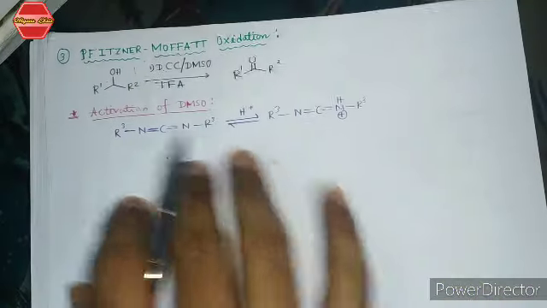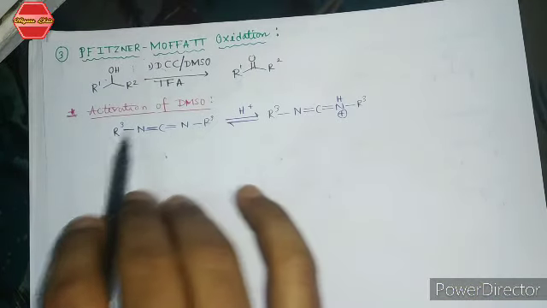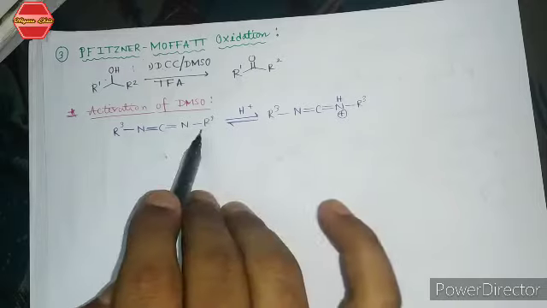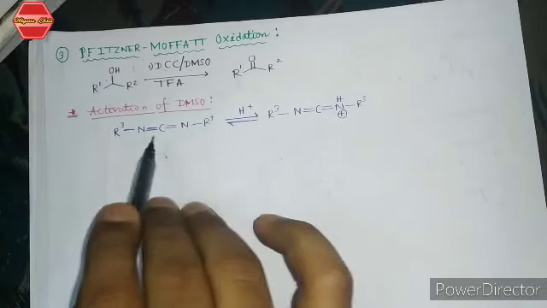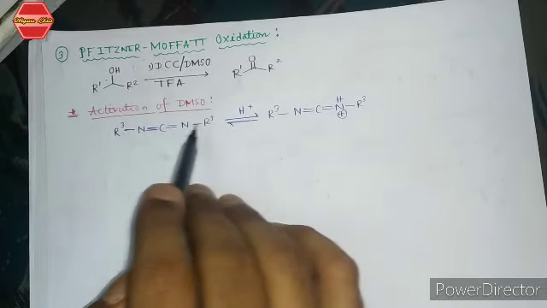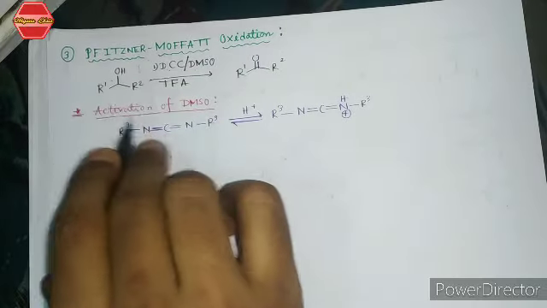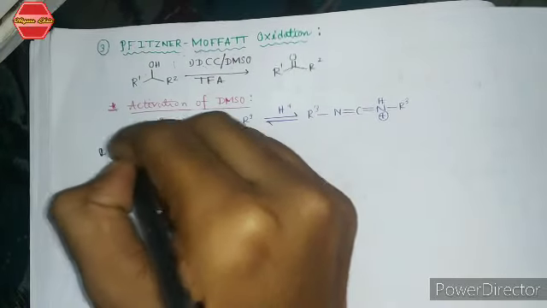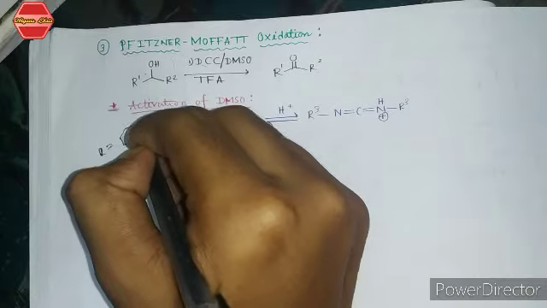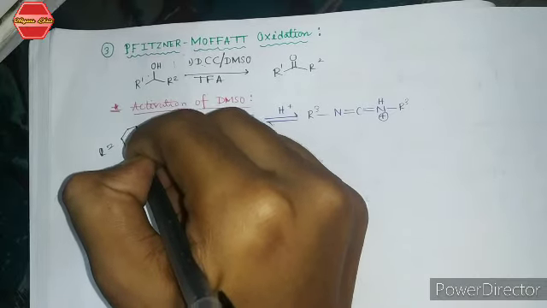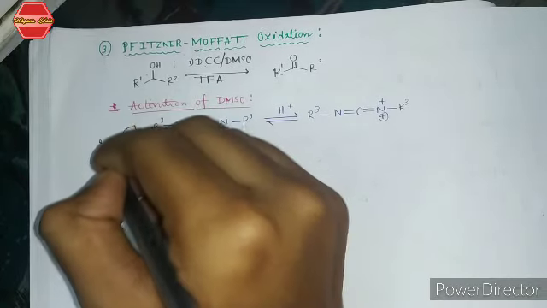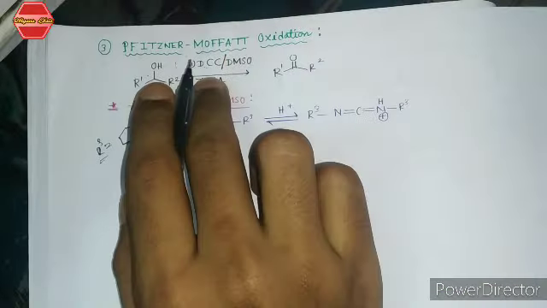Generally, when doing this mechanism, we generalize it this way: this is R and this is R, and this part is fixed. And in the case of DCC, the R group is cyclohexyl.